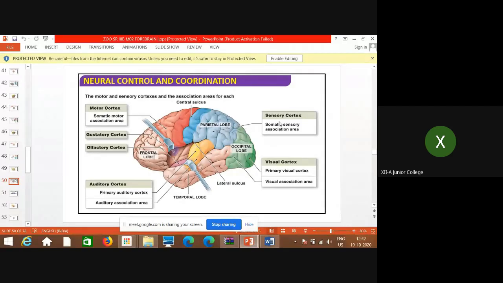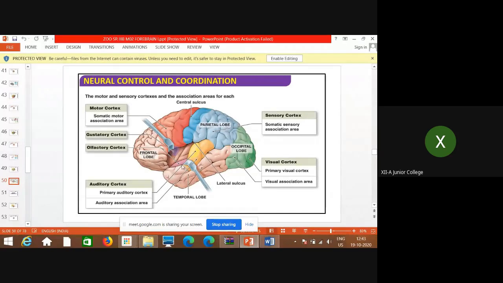Pain, pressure, temperature, the parietal lobe is associated with all that. Osmotic pressure or blood pressure or whatever. Then occipital, related to vision. Again, two parts, two categories we just discussed. And here is the temporal area, auditory, where you can remember all three categories: sense of smell, sense of taste, and sense of hearing, listening.